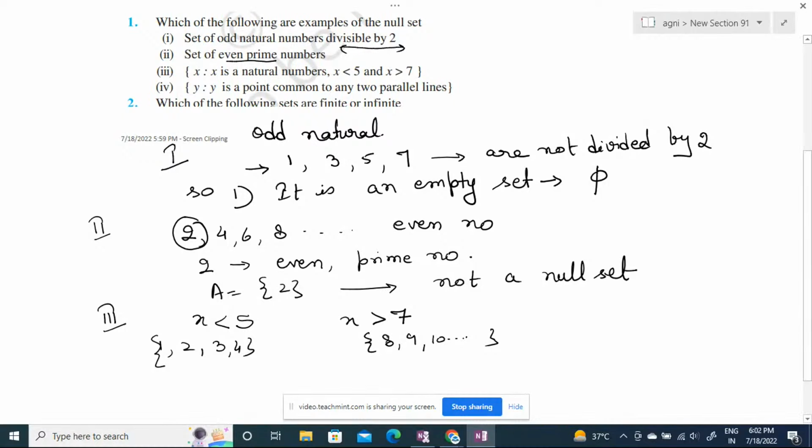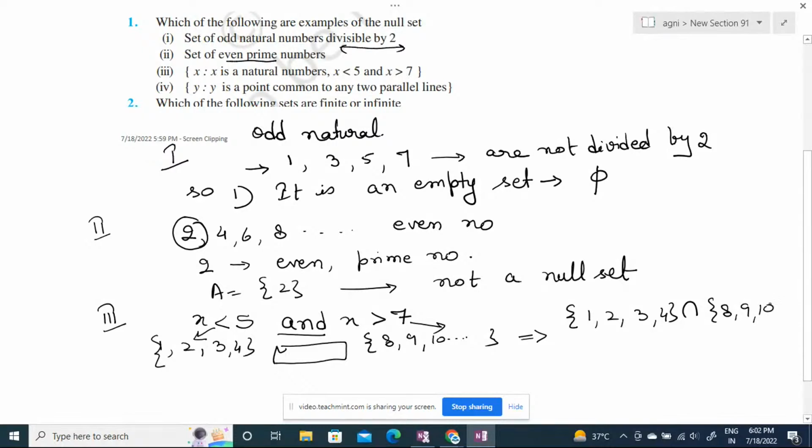We have to find a number which is both less than 5 and greater than 7. We don't have any common number between them. That means if we find the intersection of 1, 2, 3, 4 and 8, 9, 10, we don't have any common number. So it becomes a null set. We don't have any element like this.